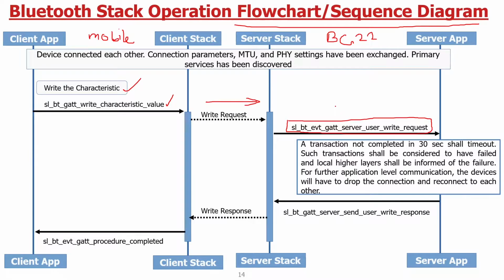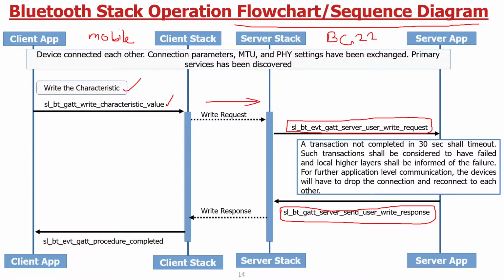Then, if a transaction is not completed within 30 seconds, a timer will occur. Otherwise, the Bluetooth stack or the Bluetooth APIs on the server side will process this event and try to give a response.